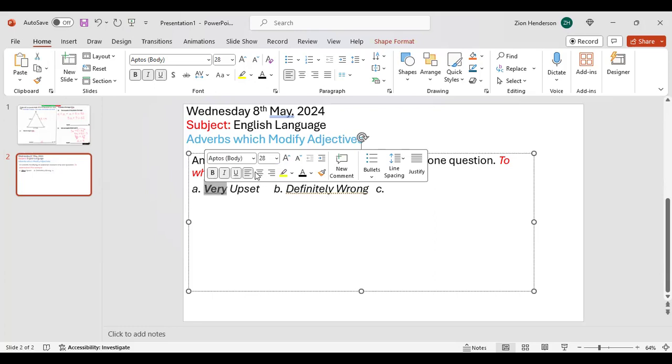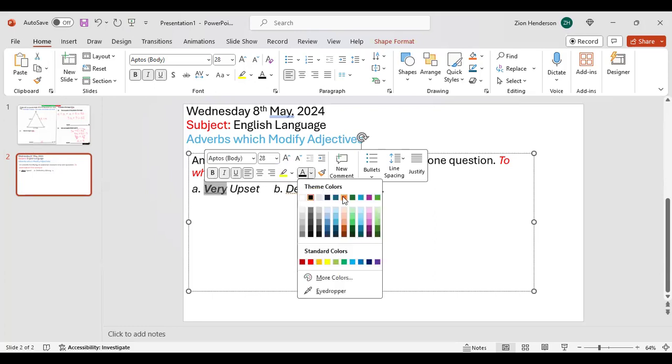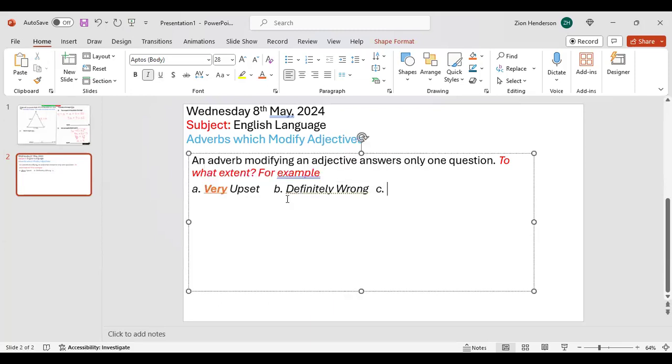Okay. So in this case, very is the adverb because very is telling us to what extent the person is angry.